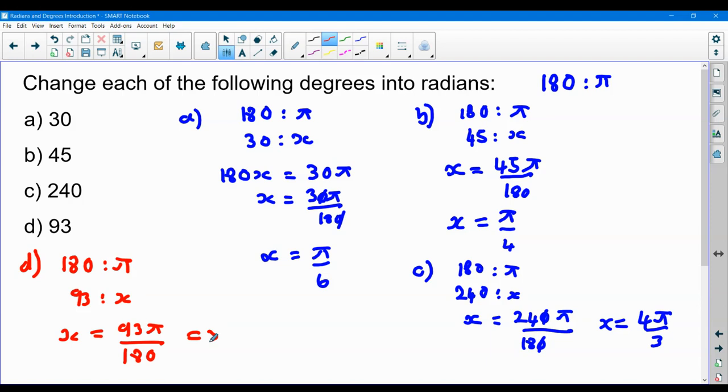And this time I will have to get my calculator because there's nothing that divides into both 93 and 180. So I just work this one out, and it comes out as 1.62 when I round it to 2 decimal places. So those first three were nice, but this one was slightly harder. Same technique, just needed a calculator.